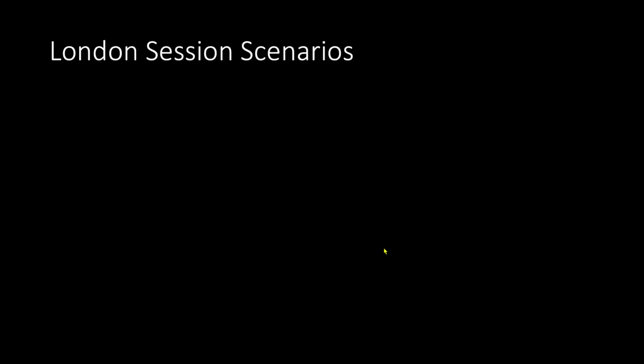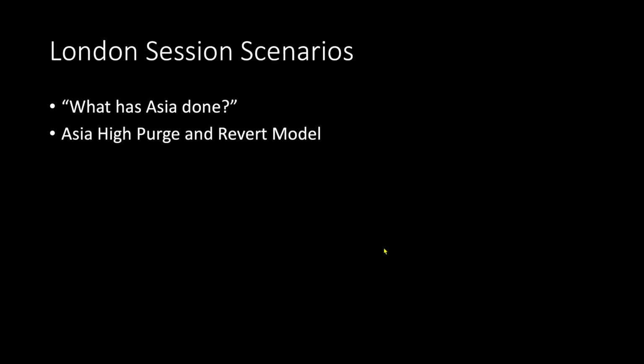So let us take a look at the scenarios within the London session. First of all, the main question that we will be asking ourselves if we take a look at London is the following. What has Asia done? The first model that we will be discussing in a bit is the Asia High, Purge and Revert model. After that, we will take a look at the previous day High, Purge and Revert model.